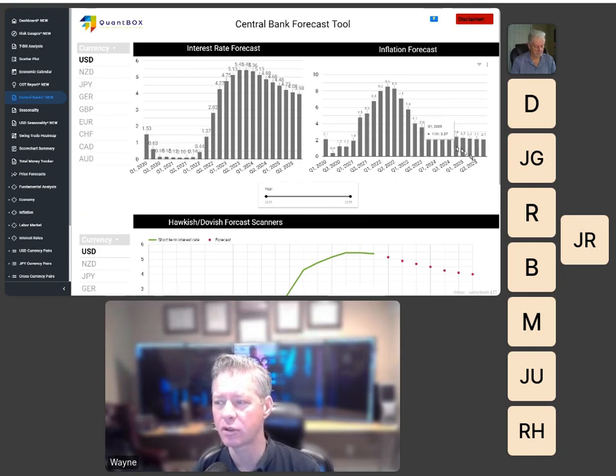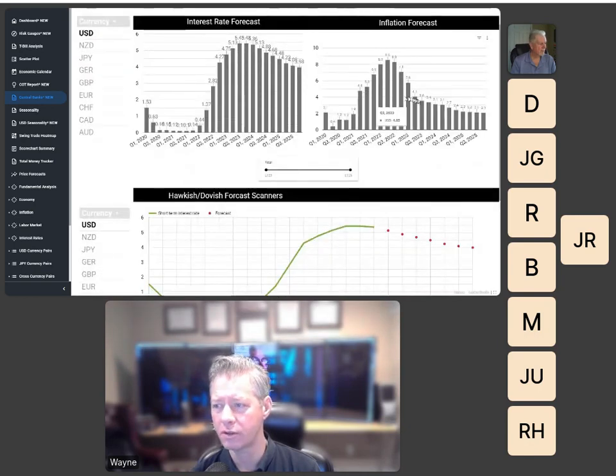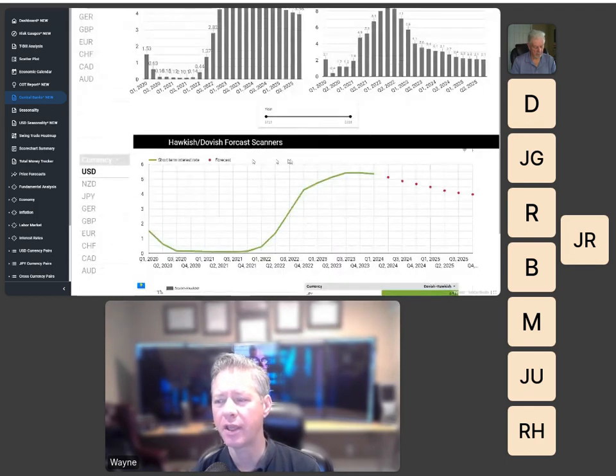And we get another look tomorrow. And based on that, the path of interest rates in the future. Again, this is all according to the Fed's plan. This is not QuantBox calculating and guessing. This is the Fed's business plan. And based on that, this is the shape of the future yield curve. And they have a cut coming in the summary of economic projections.